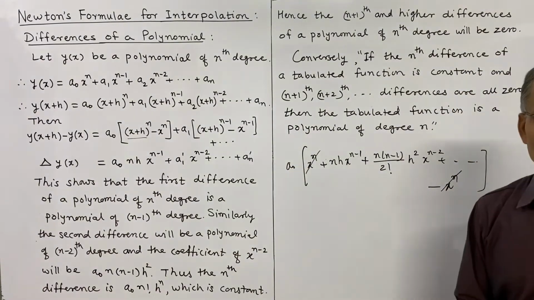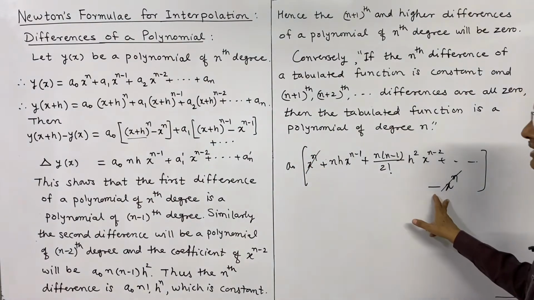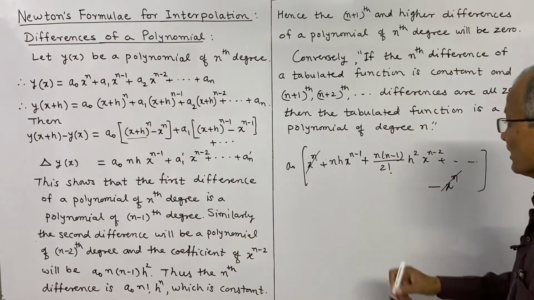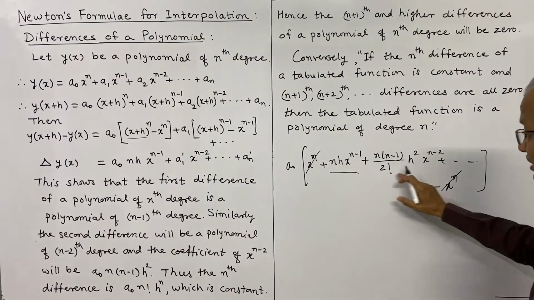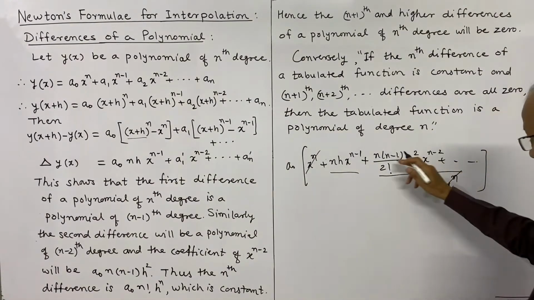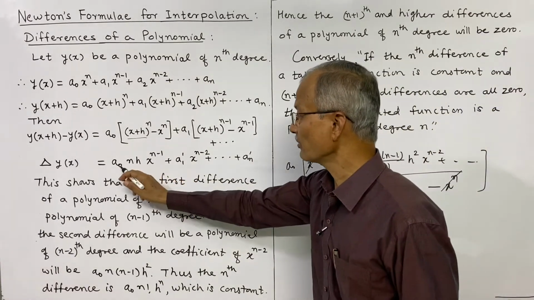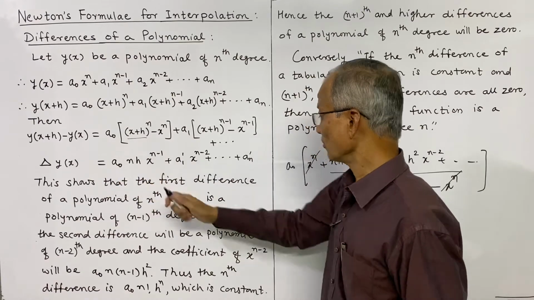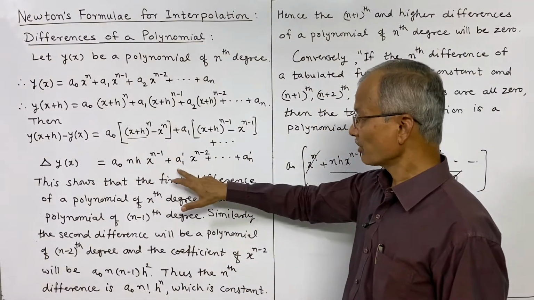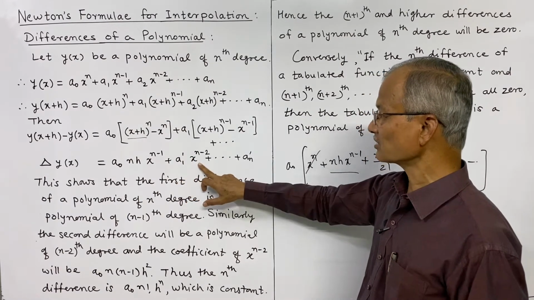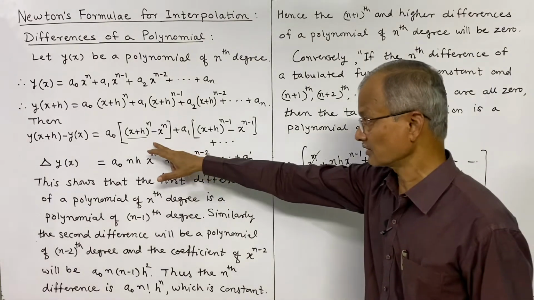What is important to note is that the term of x power n cancels, and what remains is the term nh x power n minus 1 plus remaining terms, that is lower degree terms, n minus 1, n minus 2, etc. And therefore we have written here a0 into nh x power n minus 1 plus a1 dash, the term of x to the power n minus 2 is there in this expression.